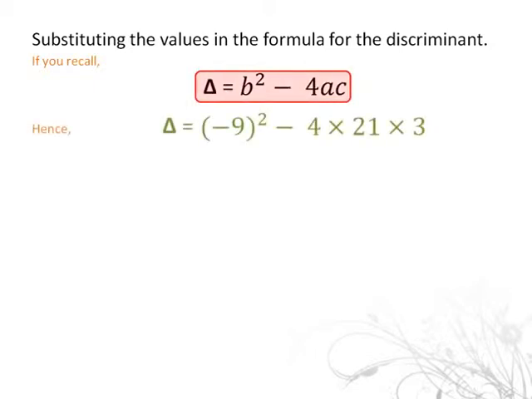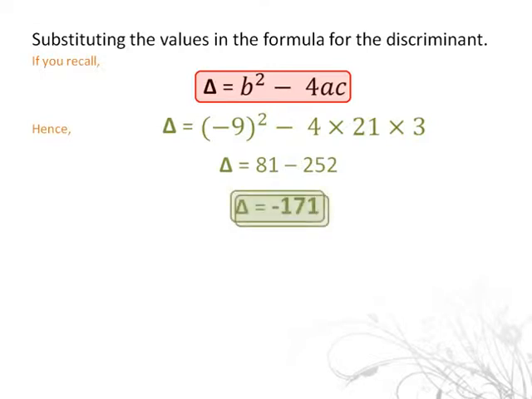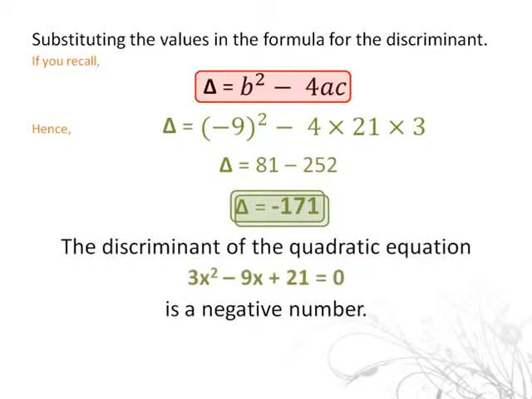If you recall, discriminant is given by b square minus 4ac. So on substitution, we get delta equal to minus 9 whole square minus 4 into 21 into 3, which on simplification yields 81 minus 252, or the discriminant is negative 171.